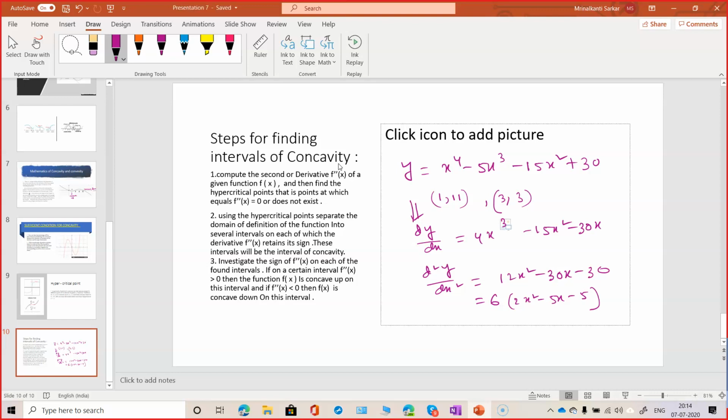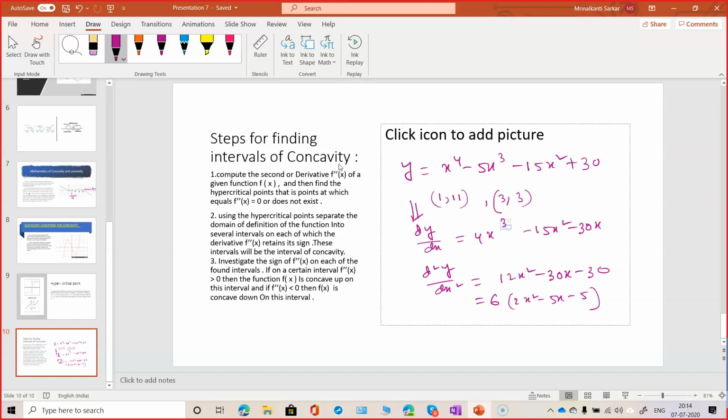Now let us check these two intervals. 1 to 11. What happens at 1 to 11? Is it concave up or down? Find out whether the curve is concave up or concave down in the vicinity of the point (1, 11).